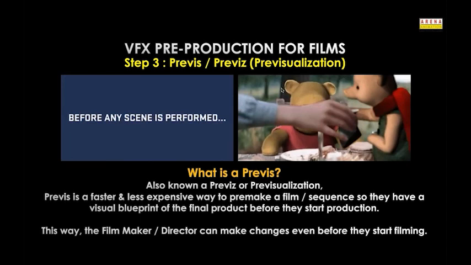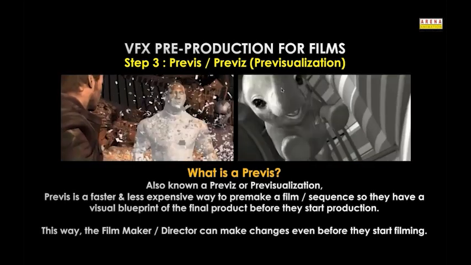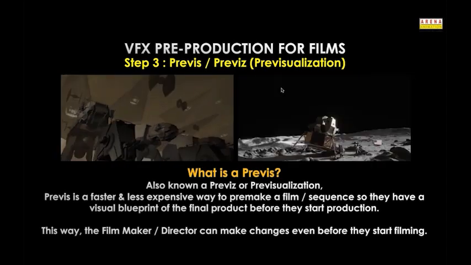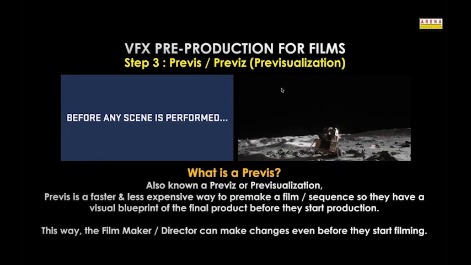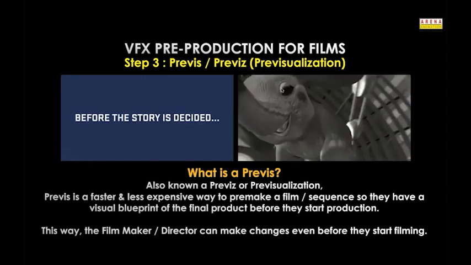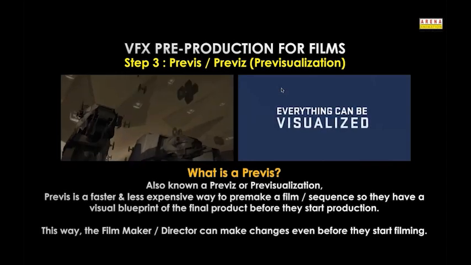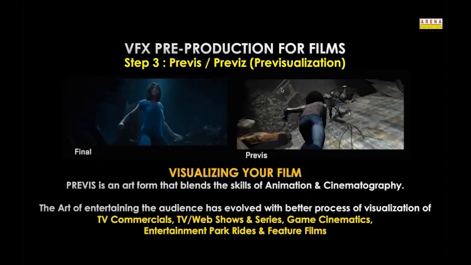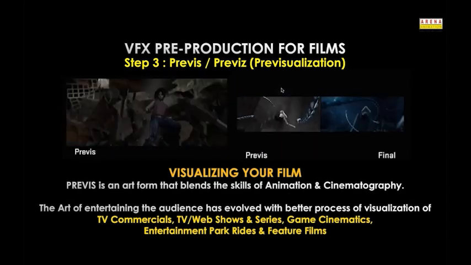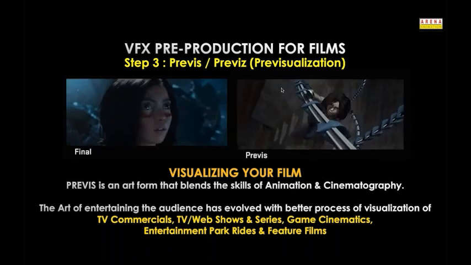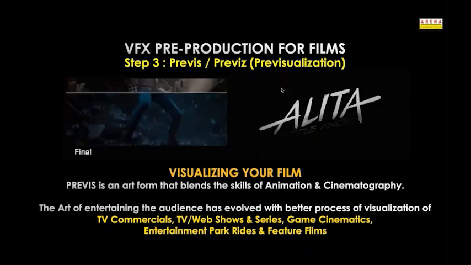You save a lot of cost; unnecessary sets or equipment which might not be used are planned and corrected in this previs process itself. Further, it helps you visualize your film better in terms of the animation or the CG part that you're using, and from a camera and cinematography point of view.